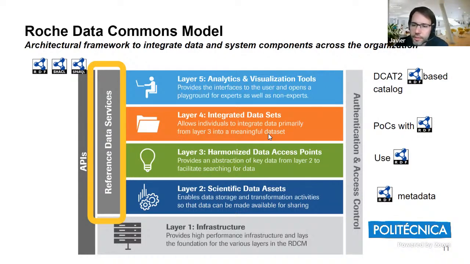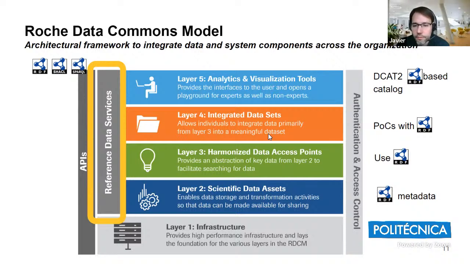Layer 5 is analytics and visualization tools. In this case, for analytics, there are some cases of using RDF and knowledge graph, but the main point of using the semantic web here is for catalogs. We use a DCAT2-based approach. We have a nice portal that uses an ontology based on DCAT2, where everyone has to submit their assets.